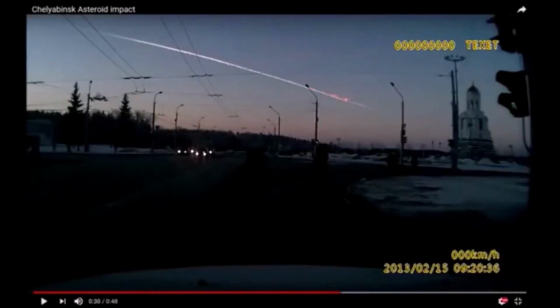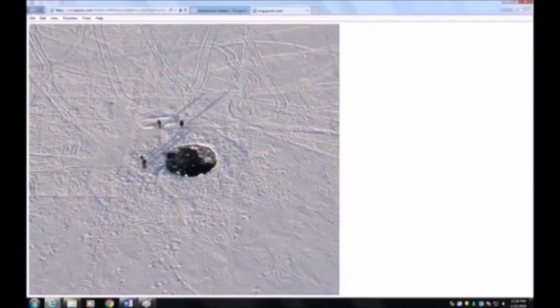As I said, there were a number of recordings of this strike, which is one of the greatest astronomical phenomena we've seen. This occurred in 2015. Now, there was hardly any damage to the Earth's surface from this meteorite, which was about 20 meters in diameter.